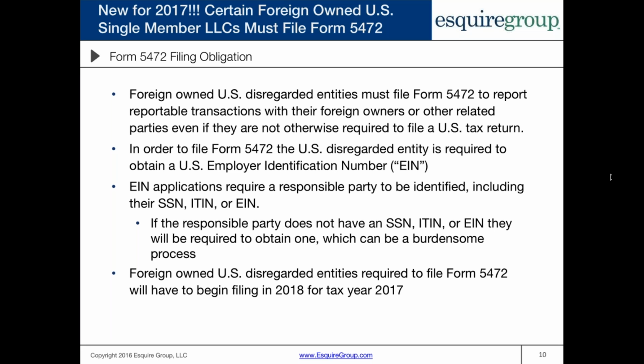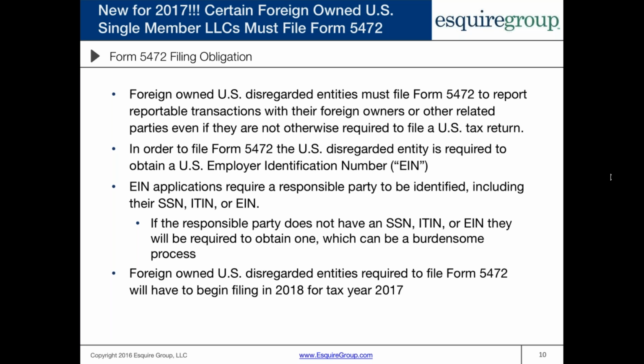But the LLC itself is still going to be required to file a 5472 based on the right to use property, to report the foreign owner and certain information about the reportable transactions, even though the foreign owner doesn't have a tax return filing requirement in the United States. So the 5472 filing requirement is separate from any income tax return filing requirement in the United States.